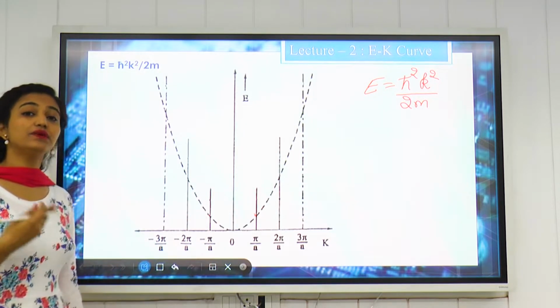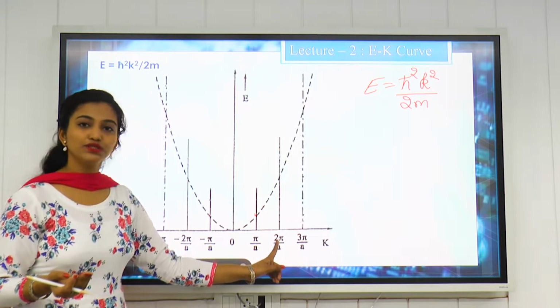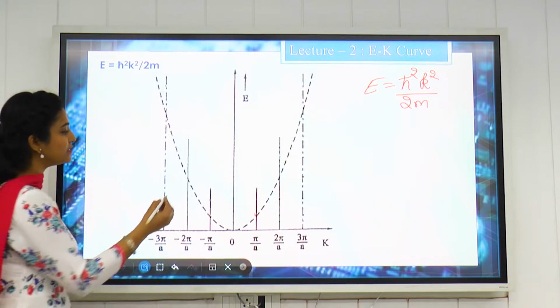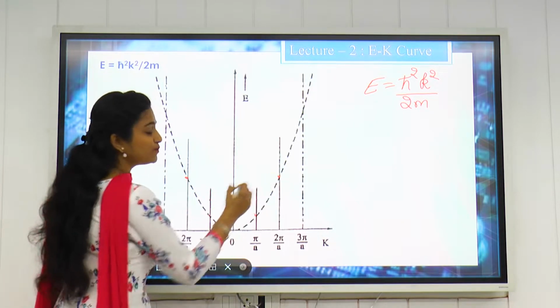Alright, and what is the next value? For n is equal to 2, we have plus 2 pi by a and then minus 2 pi by a. That means we will observe another discontinuity at this point.